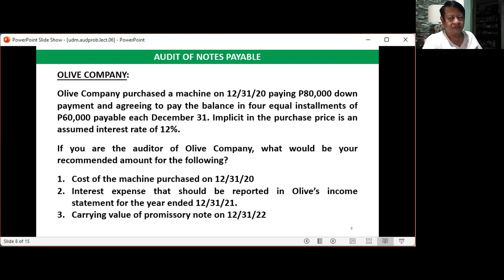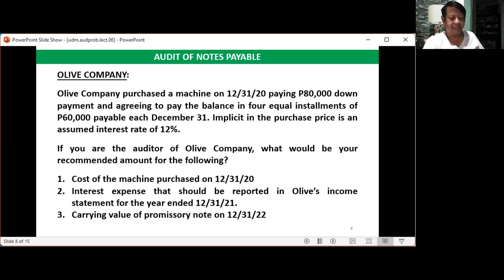If you know how to compute using your ordinary calculator, the better. But if you do not know how to compute, you have to use the table pertaining to the present value factor.